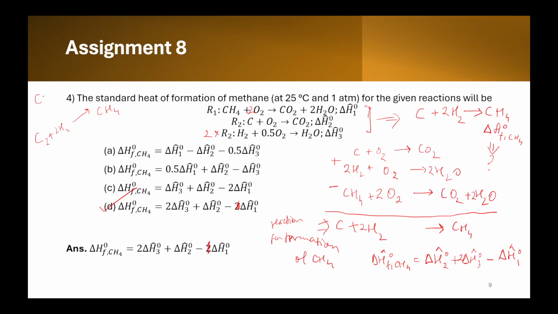So from C to CO2 we knew, and from CH4 to CO2 we basically knew.